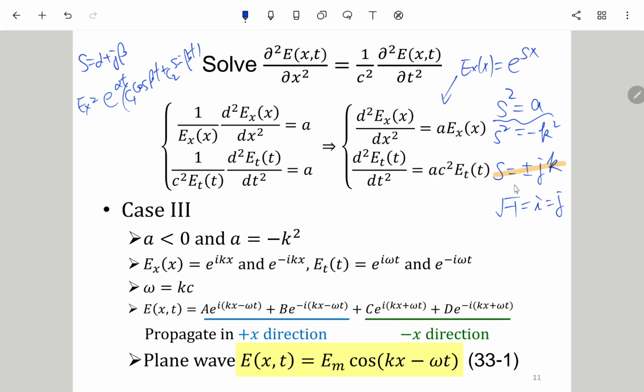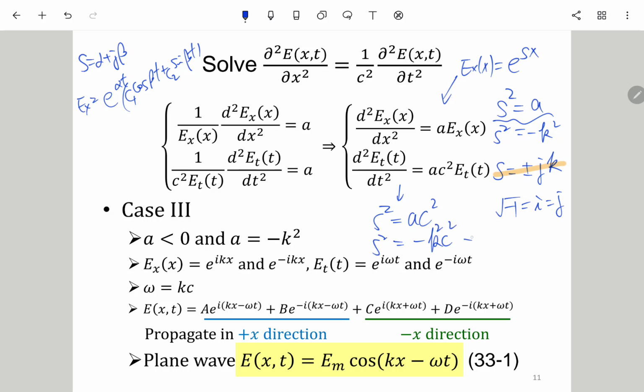Here we get s equals plus or minus jk or ik. So we get exponential to ikx or exponential to negative ikx as the solution for the first one. And for the second one, we get s squared equals a c squared, which is negative k squared c squared.